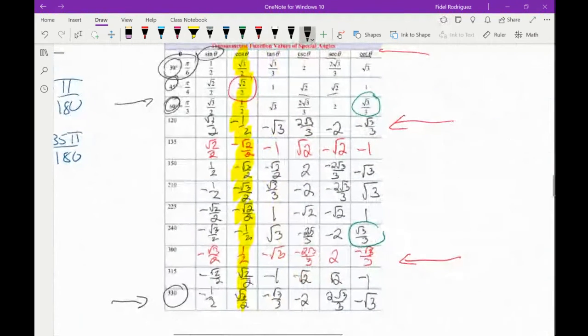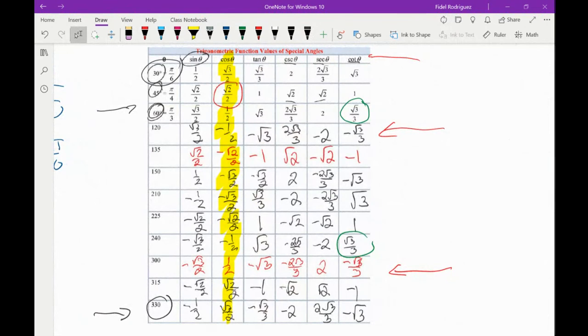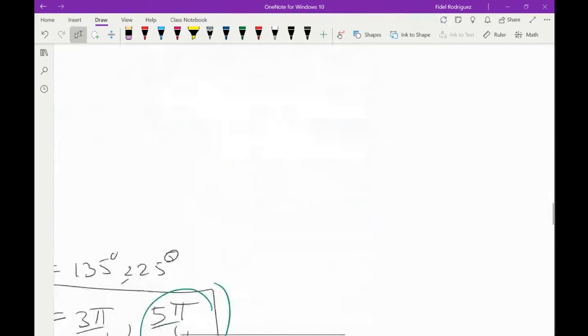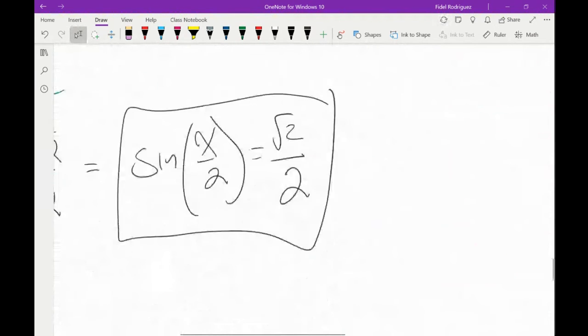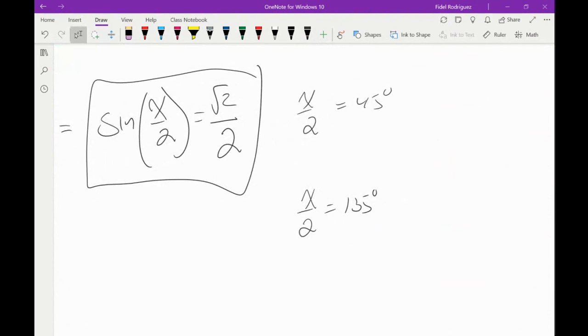When is the sine equal to the square root of 2 over 2? 45 and 135. Okay, so let's do this. We're going to say x over 2 is equal to 45 degrees, and x over 2 is equal to 135 degrees. Okay. So now we can multiply both sides by 2.